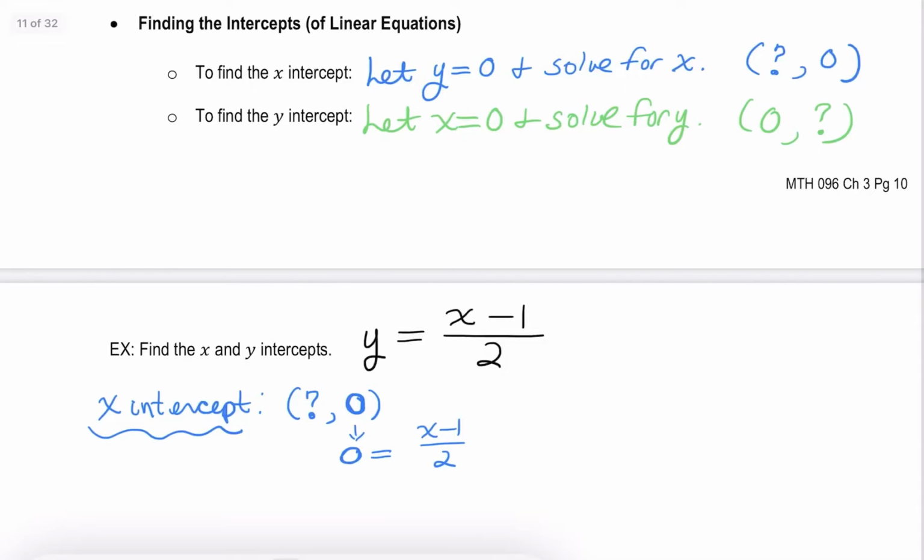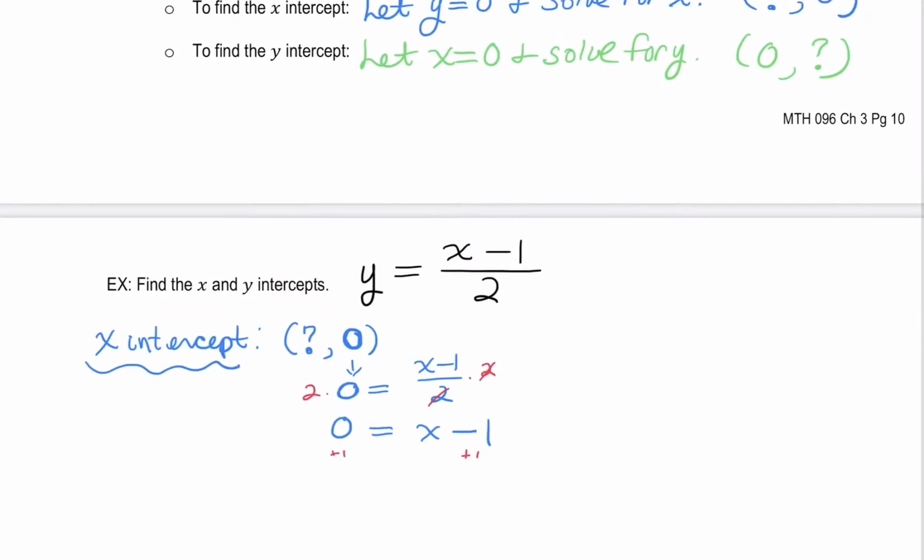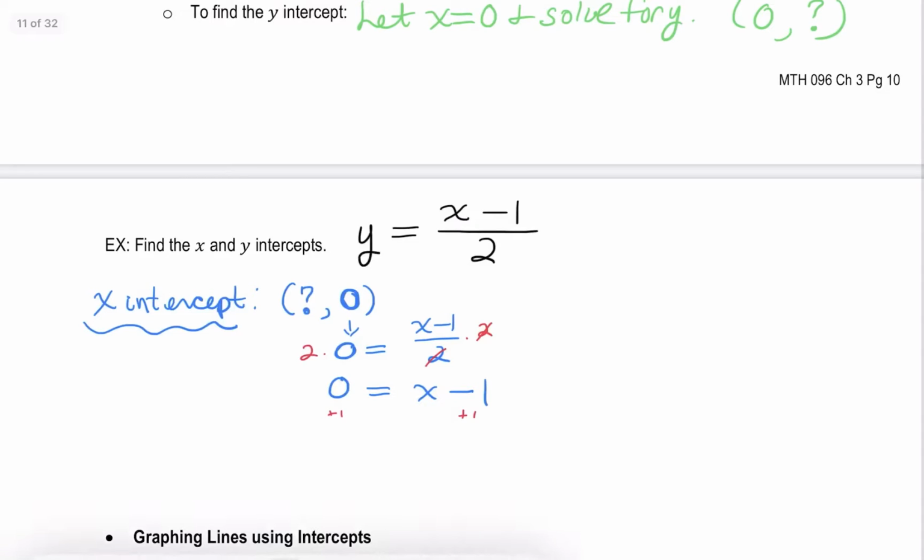So an equation with a fraction, first thing we would do, let's clear that denominator. So let's multiply both sides by 2. Nice thing is, on the left-hand side, 0 times anything, 0 times 2 is still just 0. And then on the right-hand side, you have your x minus 1. So then we'll just go ahead and add that 1 to both sides. And so now we end up with 1 equaling x.